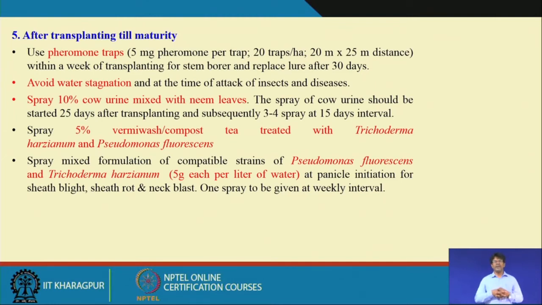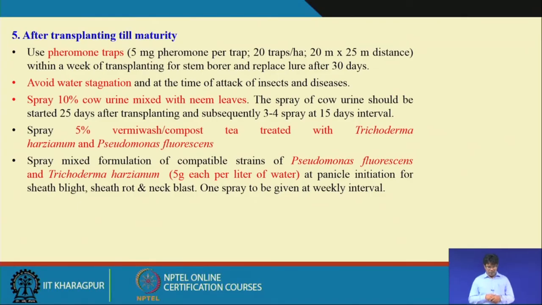The tea can be sprayed on the canopy, and you can make some dilution also with water, maybe 1:5 times, and that can be sprayed over the crop canopy. With that we can control many pests and diseases, and of course, it supplies most of the nutrients as a foliar spray for the growth and development of the crop.